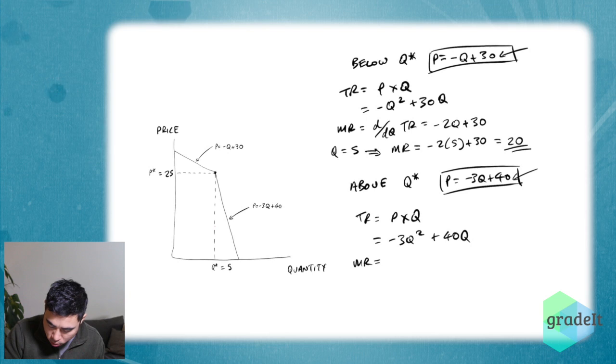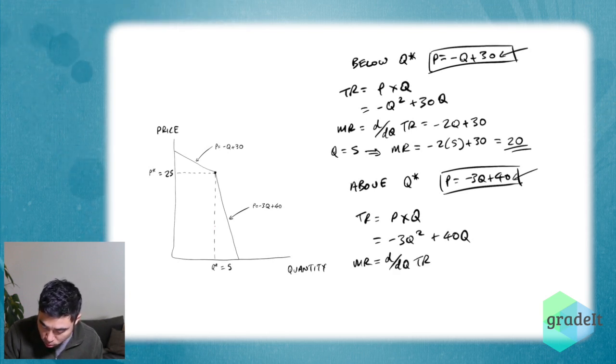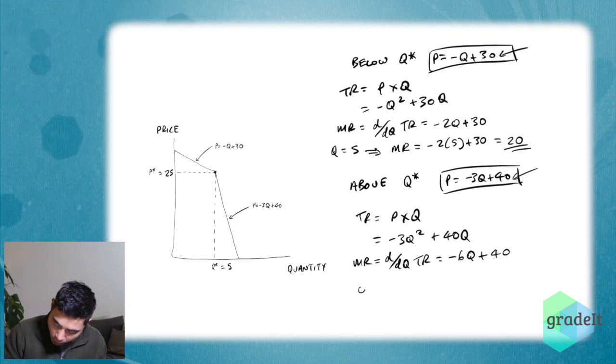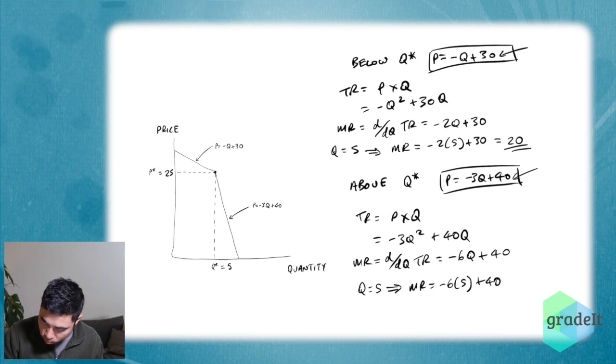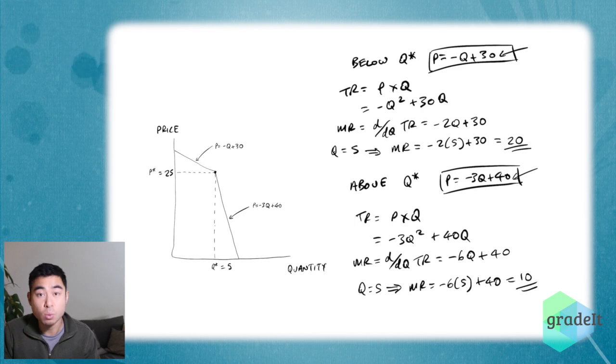And then working out your marginal revenue, which is the first derivative with respect to quantity of your total revenue. So I get minus 6Q plus 40. And again, at Q star, where Q equals 5, marginal revenue equals minus 6 lots of 5, plus 40, which comes out at 10. So what does this tell us?